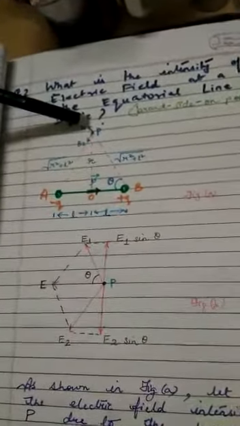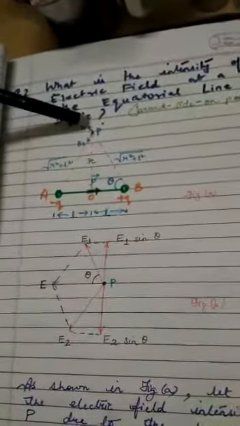And because of minus q, the field is towards minus q, because remember we are considering a positive test charge at point P. So towards minus q, so E2. Now we use the formula for electric field intensity. E1 equal to 1 by 4 pi epsilon naught q by the distance squared.